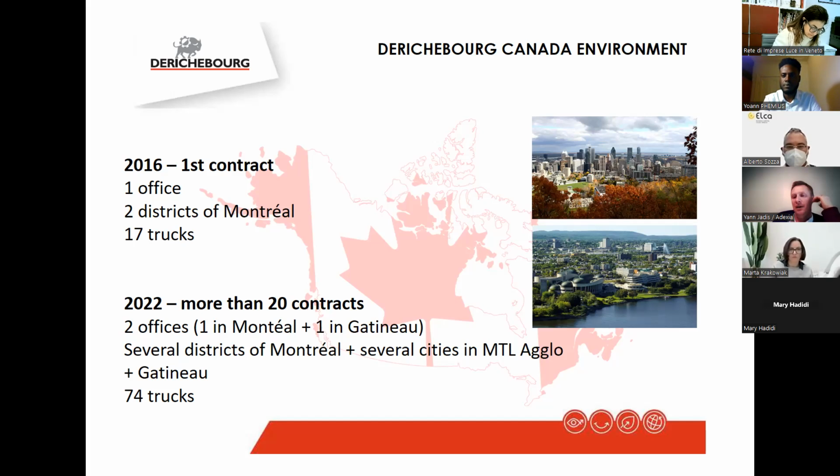At the end of the day, for a company like De Richebourg, they have no choice but to incorporate and create operations, because it's really operations. You don't just provide goods, you provide a local service. But I know where you're going with your question, Marta. Please keep in mind that first contract was before CETA.